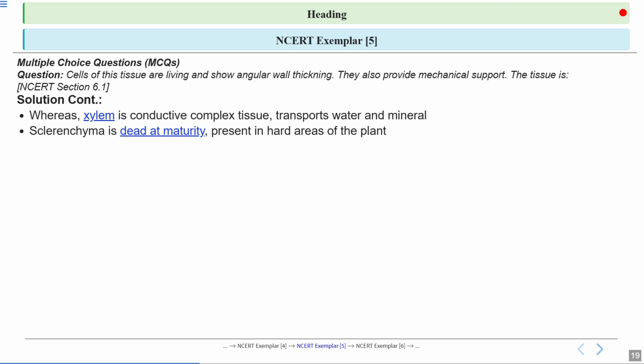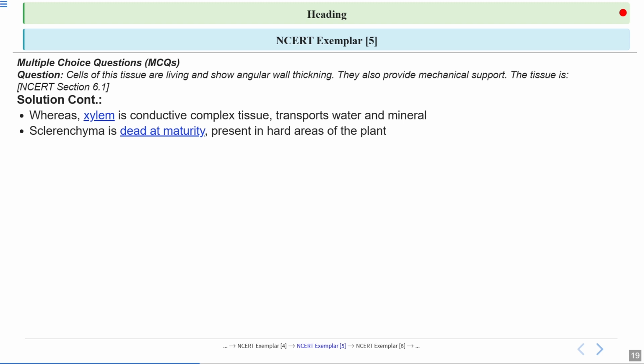So its main function is not to provide mechanical support. Xylem does provide mechanical support because of the xylem fibers, but that is not its main function. The main function of the xylem is to transport water and minerals. So that could not be the correct answer.